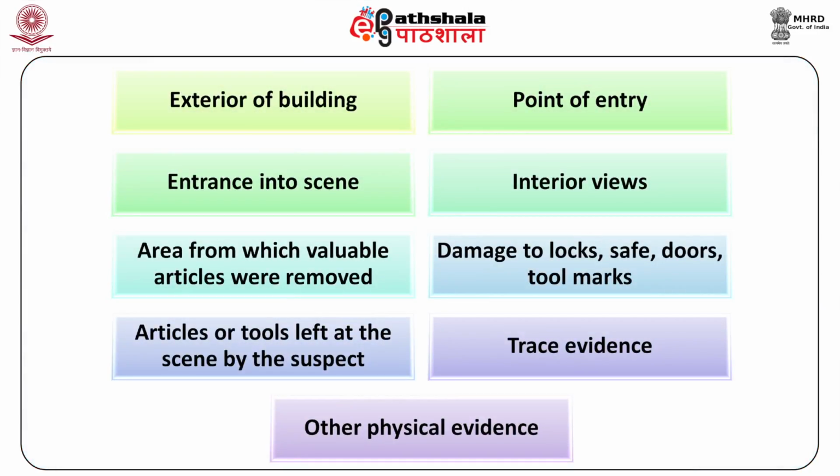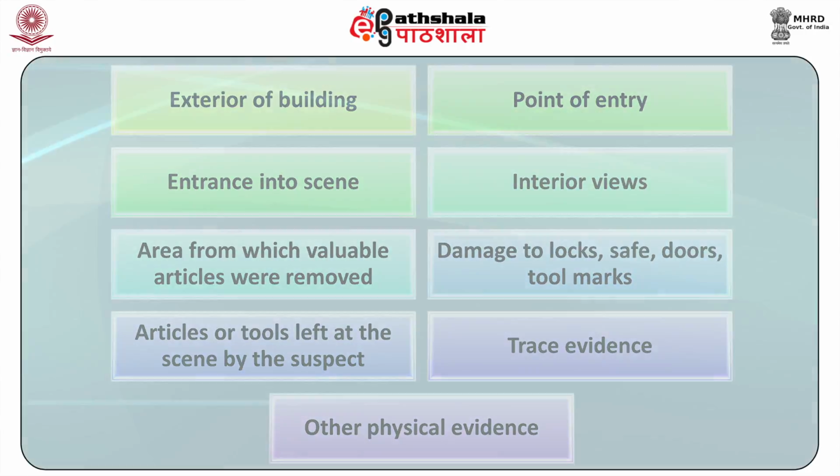In this, you should first photograph the exterior of the building, then the point of entry, then the entrance into the scene, then the interior views, then you should photograph the areas from which valuable articles were removed, then the damage to locks, safes, doors and the tool marks, then articles or tools left at the scene by the suspect, then the trace evidences, then the other physical evidences.